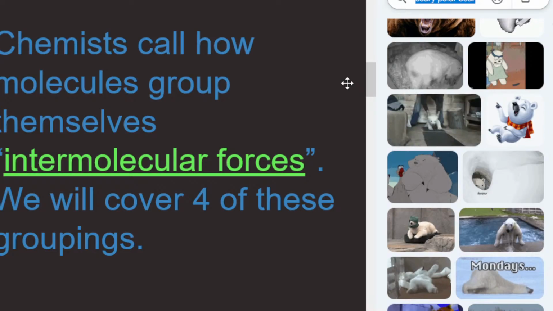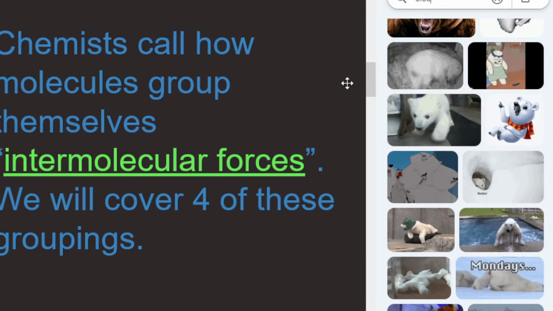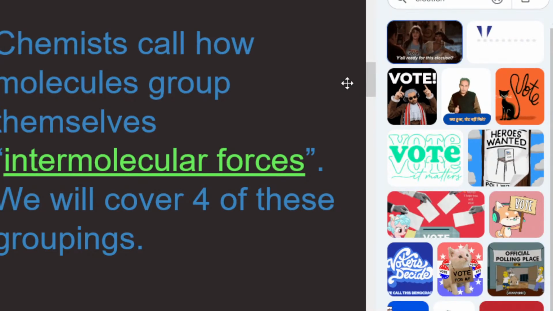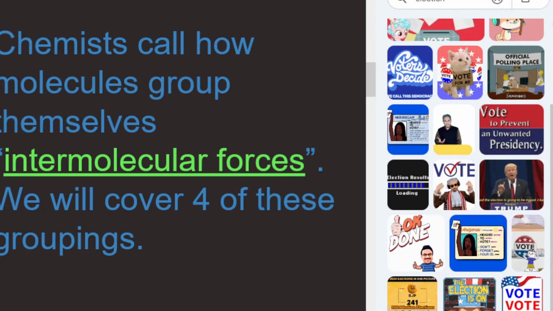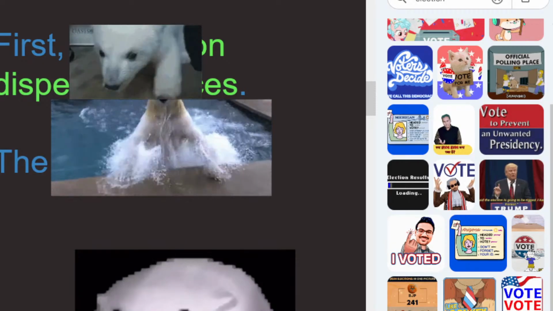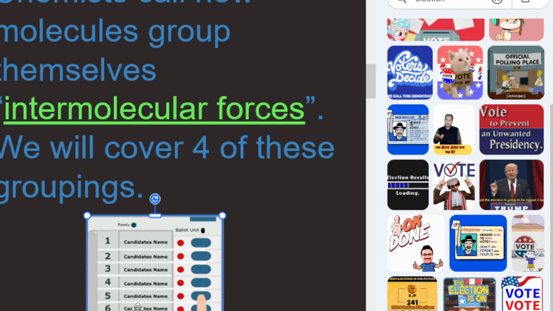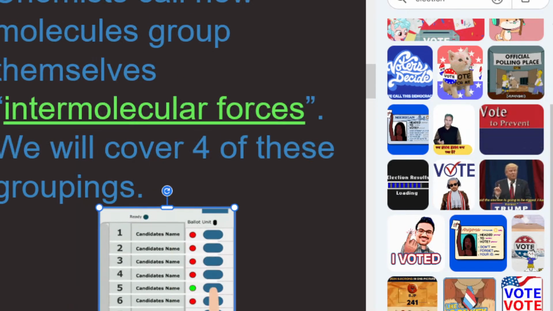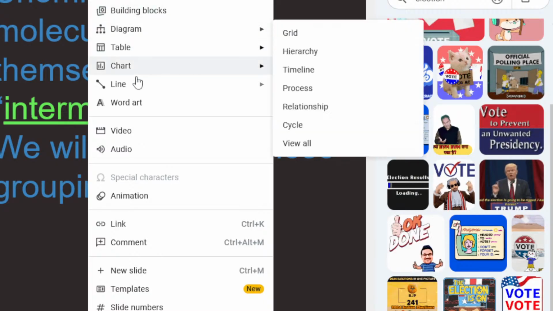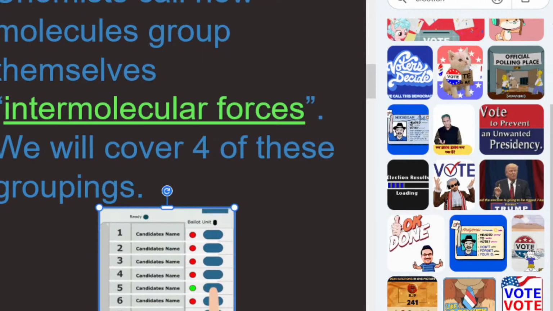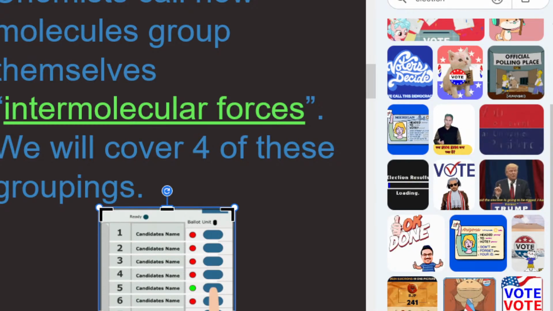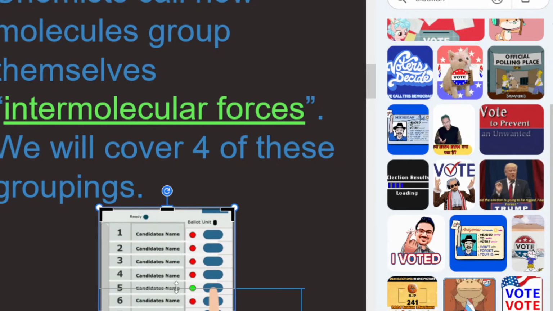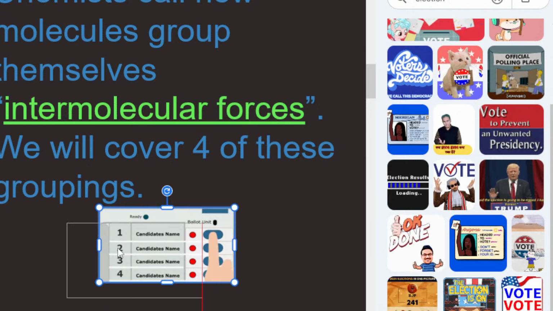What do I want to call this? It's kind of an electron, but I want to see this thing. And we can crop it to 4.